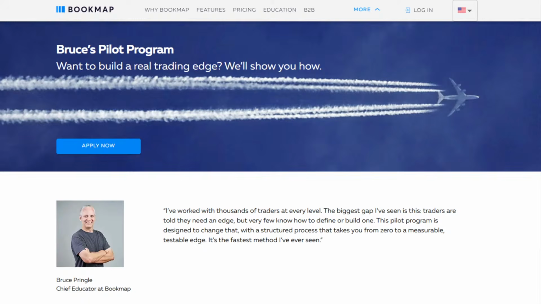This is the biggest gap I've seen between retail traders and skilled traders. Retail traders may know all the different setups, all the mechanics, but they don't know if they have an edge. So they blindly trade setups, get really excited about it, make some money, lose some money, and then move on to the next setup without really knowing if they have an edge or not. We're here with a structured process to deliver an edge, and this is the process we go through. It is the fastest method that I have seen that allows people to very easily ramp up their trading to build their edge.